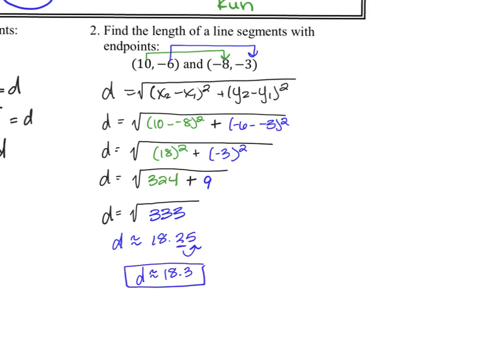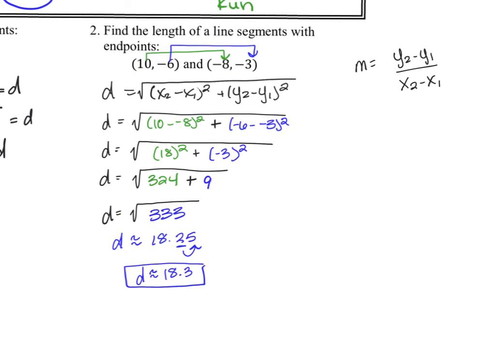So lastly, we're going to look at how this is related to slope. So remember, your slope formula is y2 minus y1 over x2 minus x1. And if you'll notice, you see these same expressions in your distance formula right here. So let's say that you were asked to find the slope between these points.